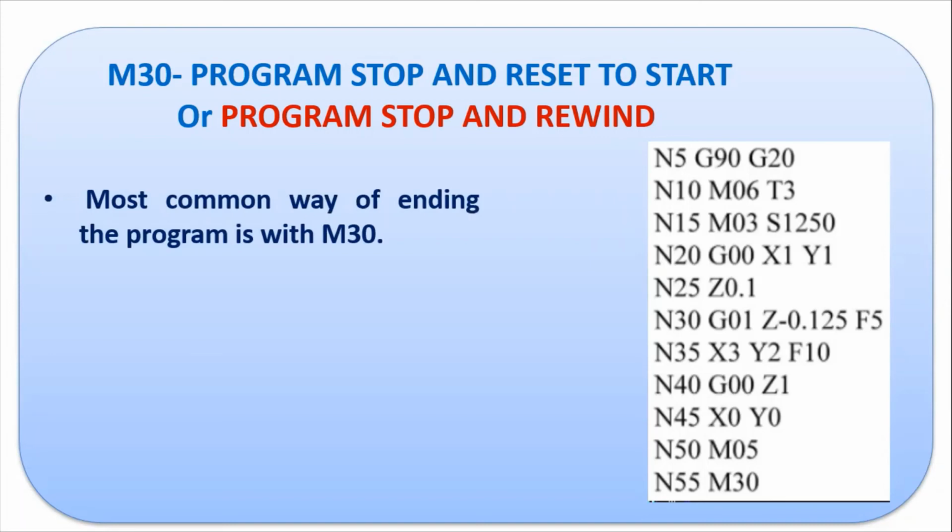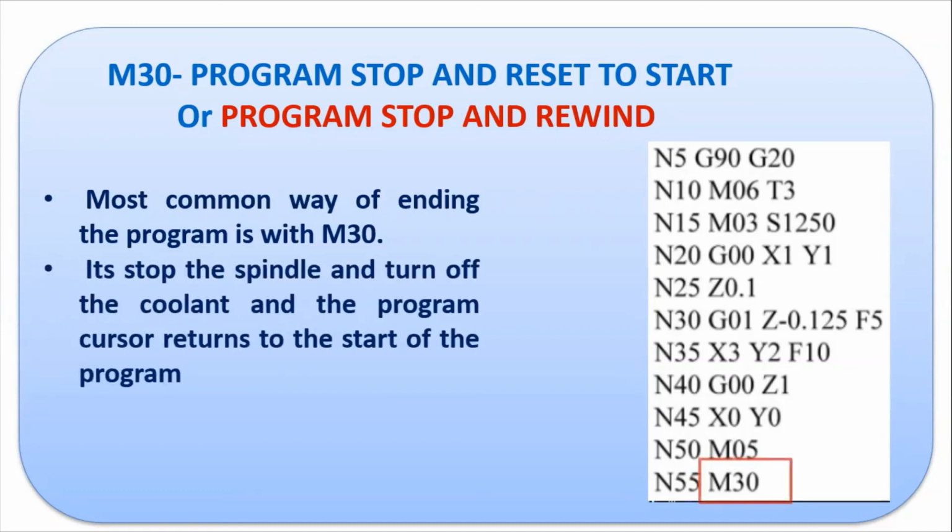The reason is very simple. It helps the operator to save time during mass production. So as soon as the program ends, he can place the next component and start the next cycle. And that is called a rewind. Here also you can see it stops the spindle and turns off the coolant, and the program cursor returns to the start of the program.